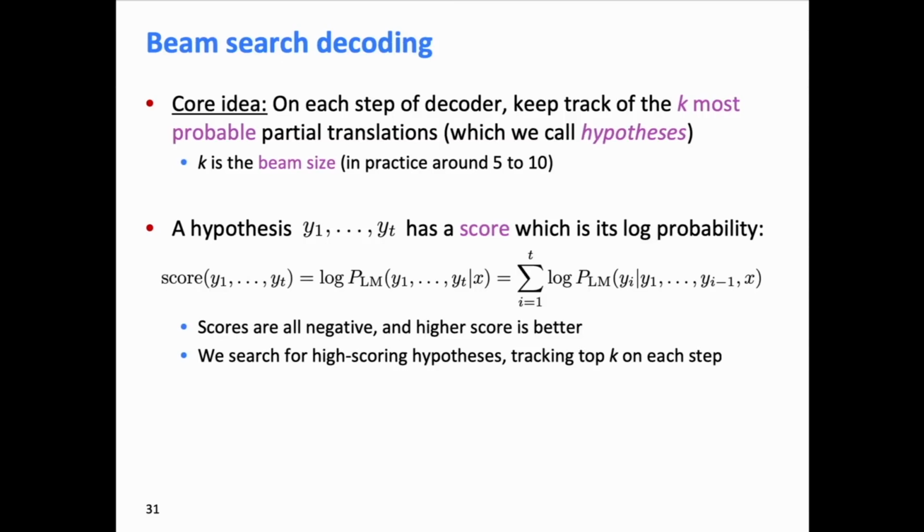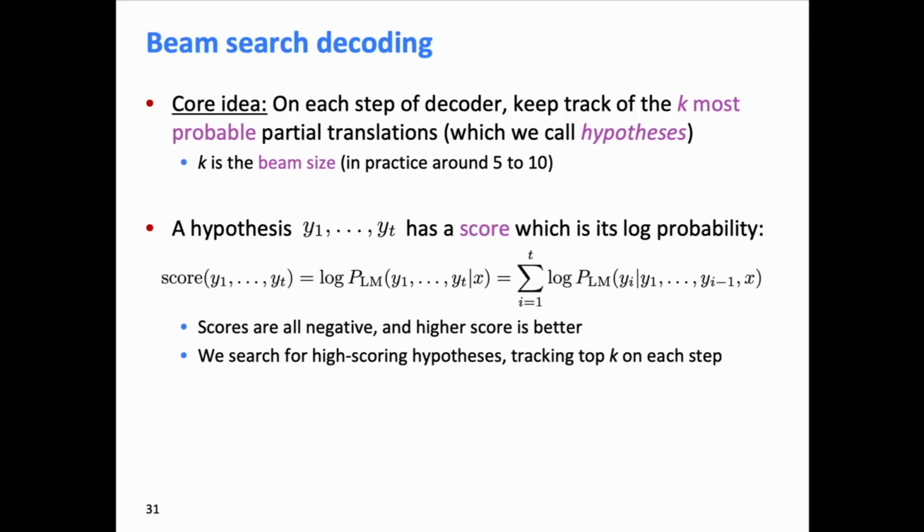The log probability of this partial translation, according to the language model, can be broken down, as we saw before, into the sum of the individual log probabilities of the words given everything that came before. If it's not obvious, these scores are all negative because we're taking the log of a number between 0 and 1. And a higher score is better, because you want a higher probability of the hypothesis according to the language model.